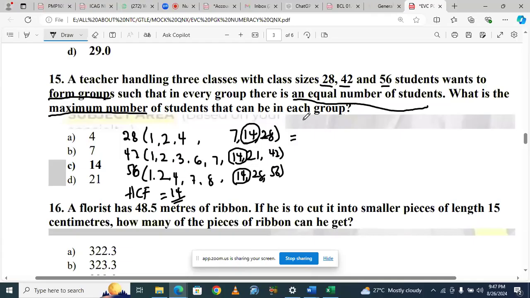With this same question, someone can also ask you, how many groups can we get in class size 28? Listen to the question very well.